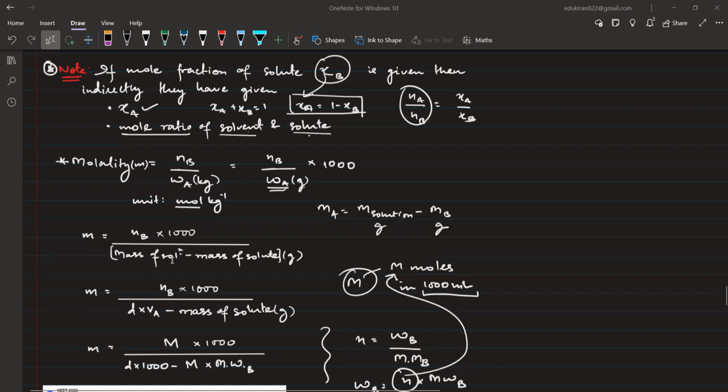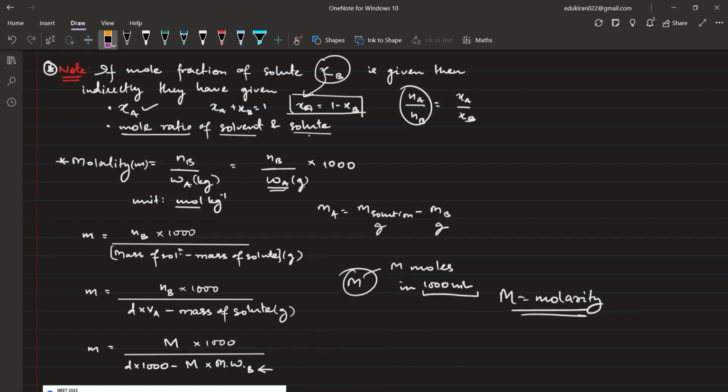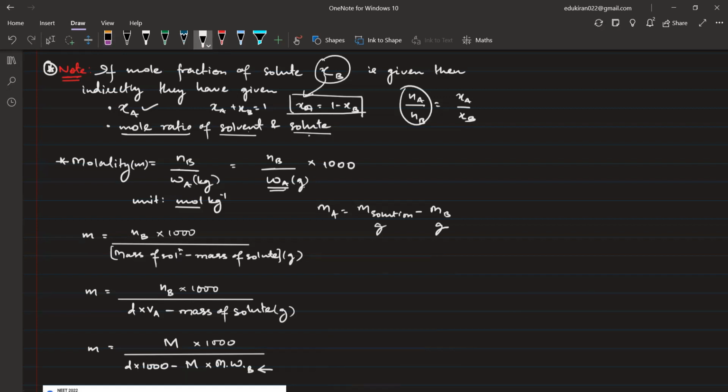Yes, I understand. Okay. Sir, MWB is molar mass of solute. B है ना? B solute के लिए होता है. Yes, sir. Okay. This M here is molarity. ये कैपिटल M है, capital M is molarity.